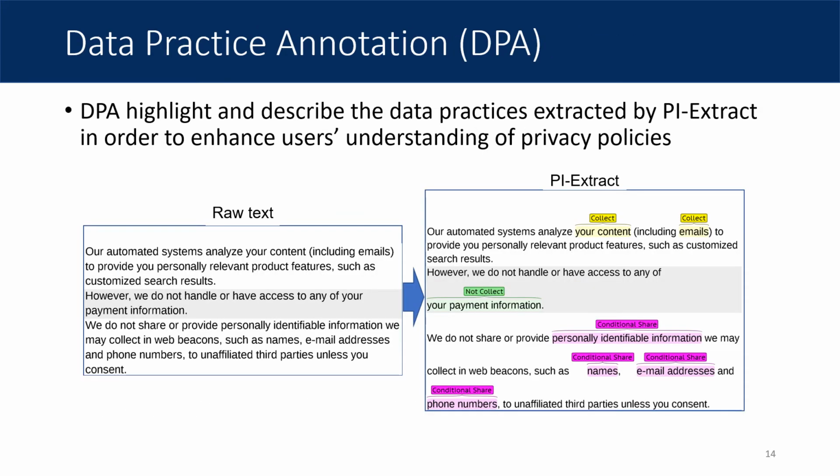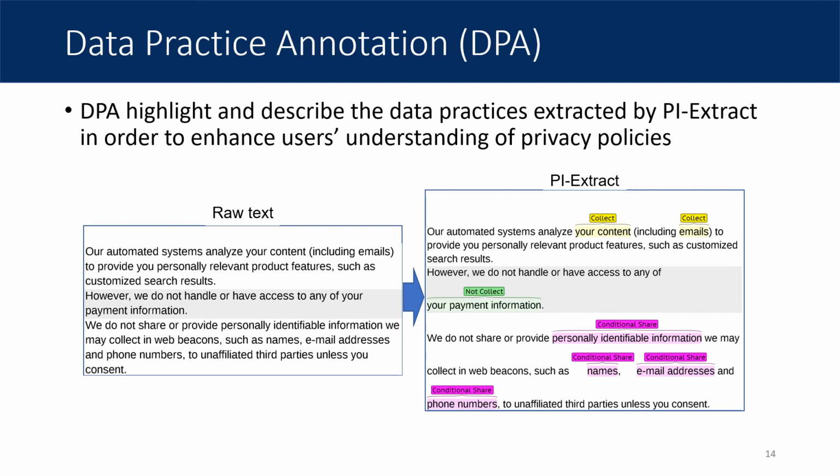We propose a presentation method called data practice annotation to highlight and describe the data practices extracted by PI-extract, in order to enhance users' understanding of privacy policies. So from the predictions of PI-extract, the personal data objects are highlighted and the actions performed on the data objects are described as text annotations.